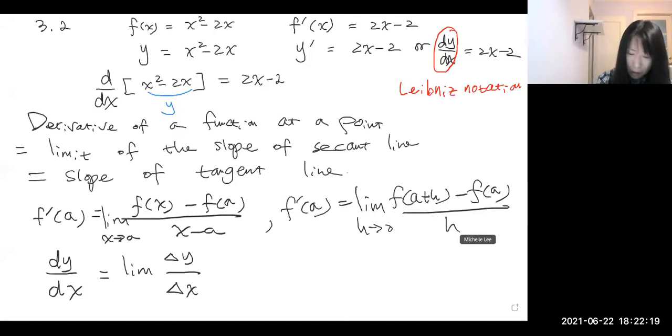So delta x approaches 0. I'm just telling you about the notation, dy over dx, okay?